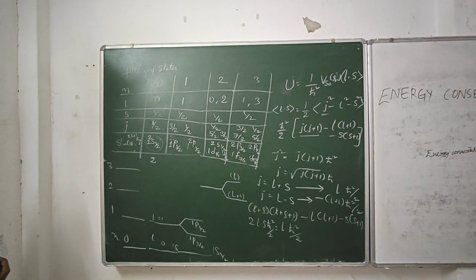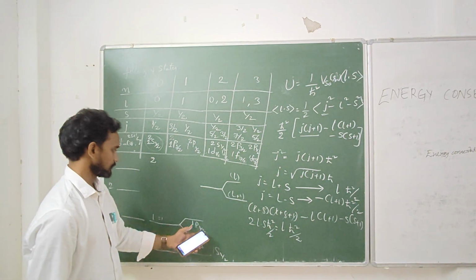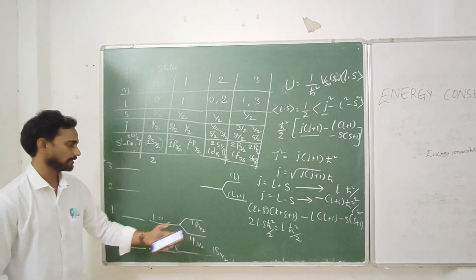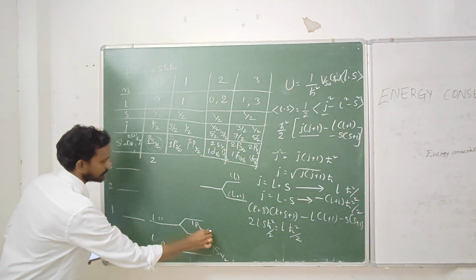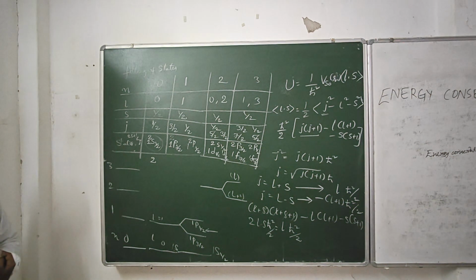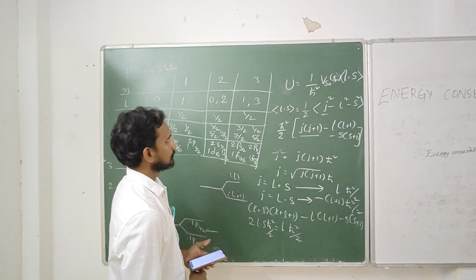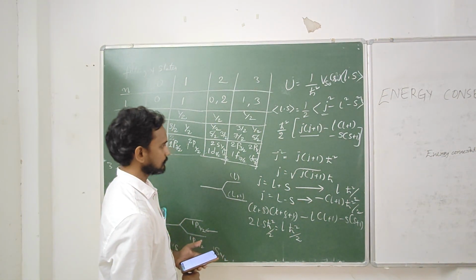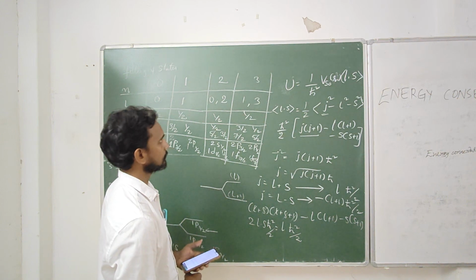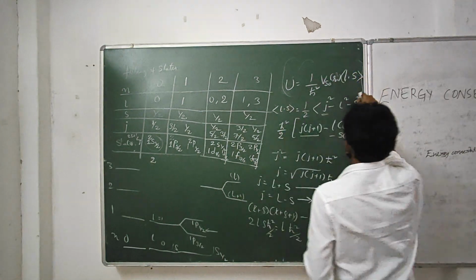So that L minus S term, J value L minus S will gain energy, J value L plus S will reduce energy. Here the spin orbit interaction term is actually coming as a subtraction term. So in total it is a subtraction term.